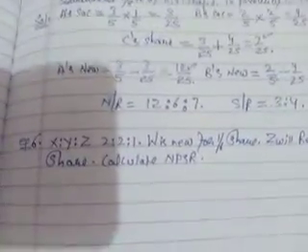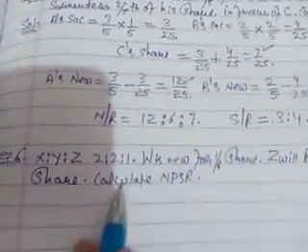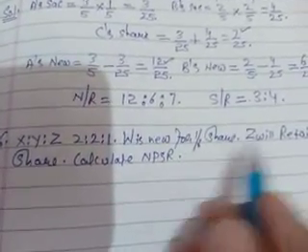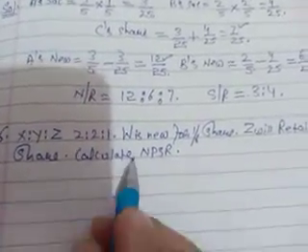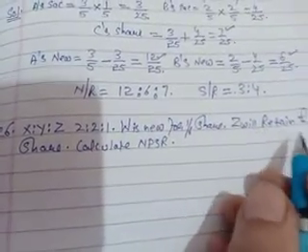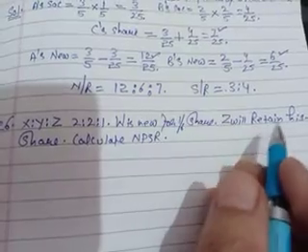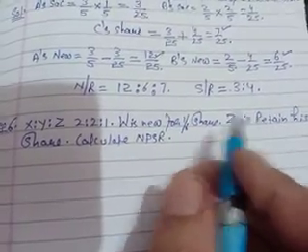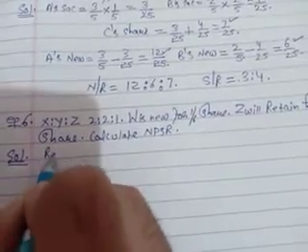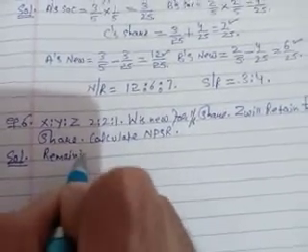Now try to understand this question. X, Y, Z 2:2:1, W is the new partner for 1/6 share, Z will retain his share, calculate NPSR. That means that Z's share will not change. Z's share will be as such only in the next part also. So now see the solution. First we have to calculate the remaining share.